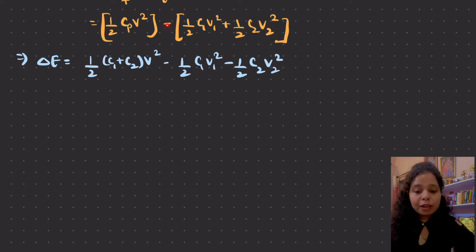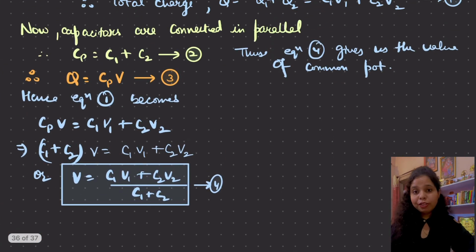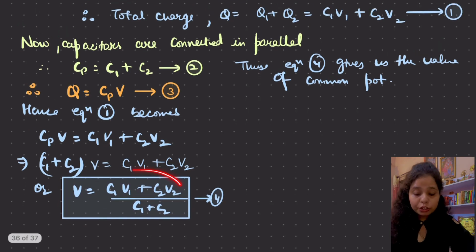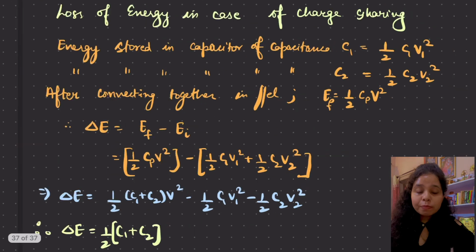Just take care of the minus sign. The minus sign, when multiplied by half C1 V1 square, makes it negative, and similarly for C2 V2 square. And therefore we have the change in energy delta E equal to half C1 plus C2 multiplied by V square. Instead of writing common potential, we will substitute its value, that is C1 V1 plus C2 V2 divided by C1 plus C2.